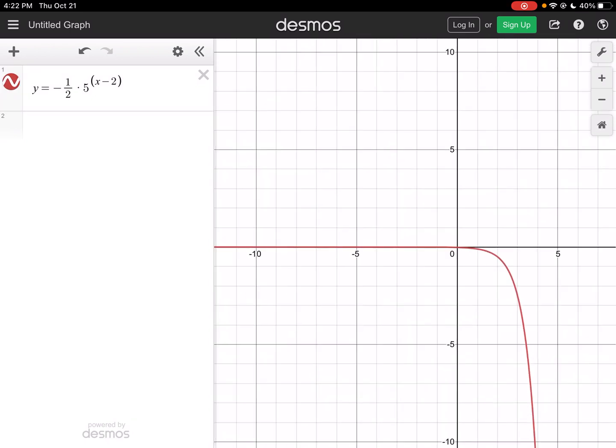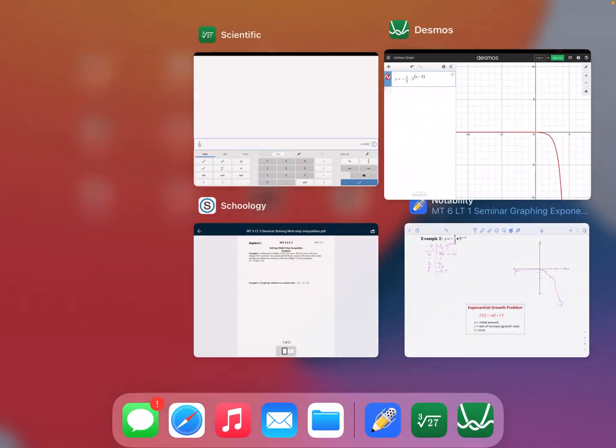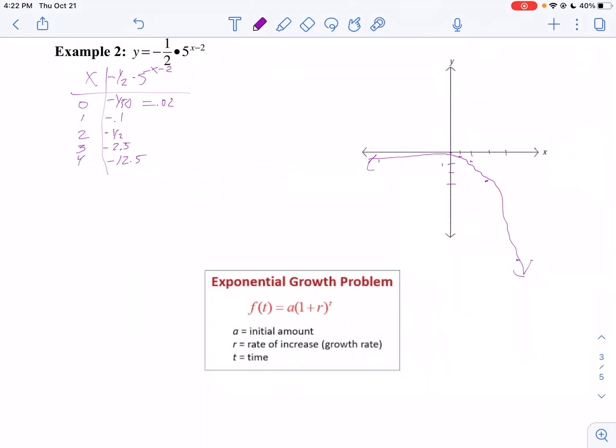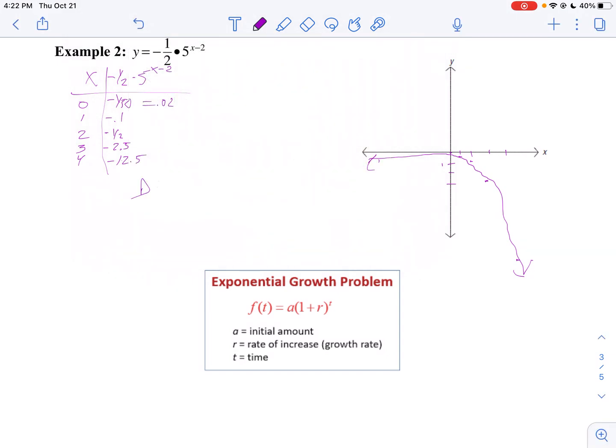Okay, you can put any number for x you want, but notice y is less than 0 this time for your range. So our domain is going to be all real numbers. Make that a little bit thicker for you. It's here, because we blew that up. So all real numbers.